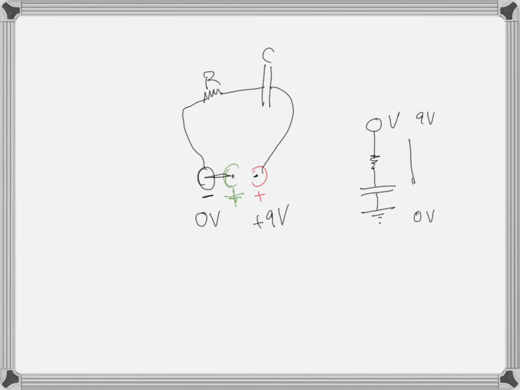And the current goes in that direction, from higher potential to lower potential. Current always travels from higher potential to lower potential. So if we changed this to negative 9 volts and this to 0 volts, then the current would actually go in the other direction, because it always goes from higher to lower potential. So we could make the current go in the other direction by grounding the other output of the power supply.